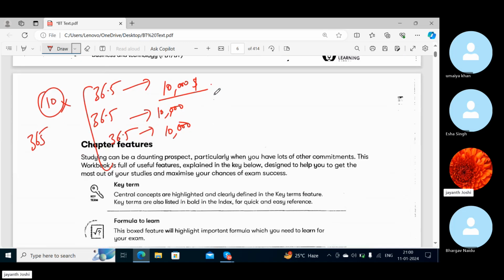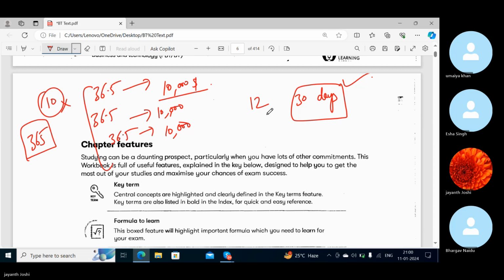If it is 10 times, it takes 36.5 days to collect the money. If it is 12 times, it will take 30 days to recover or collect my entire money from my customers. And one more thing I would like to tell you: if you are doing a business or analyzing another business, any business should never breach the credit terms.